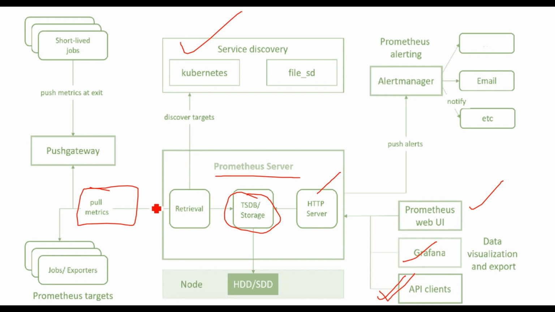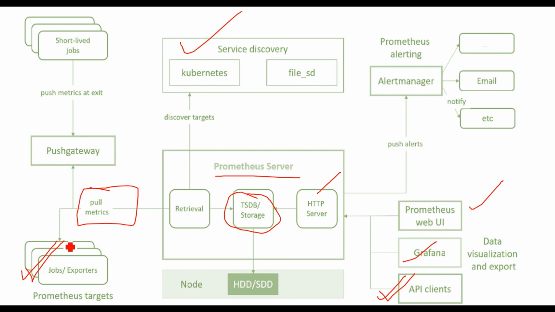Now, how does Prometheus work? By default, Prometheus works on a pull-based model. Whatever your target is, it will go and pull the metrics. For example, a Prometheus target may be a job or an exporter. Let's say we have a node exporter, a Windows WMI exporter, and many more.